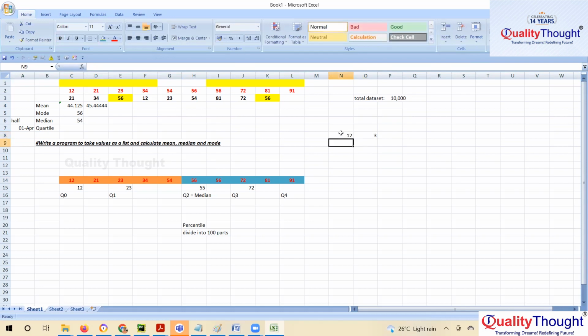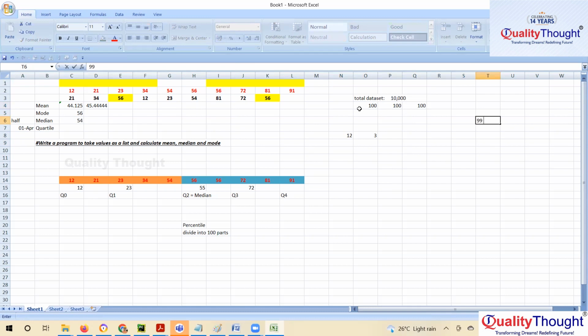Let's say for a GMAT exam, the total number of candidates that appeared is 10,000. You're dividing 100 into each part. So the first 100 students will get 99 percentile.